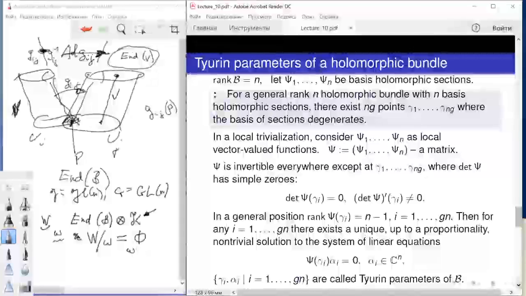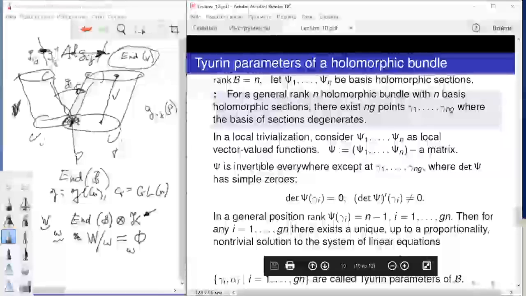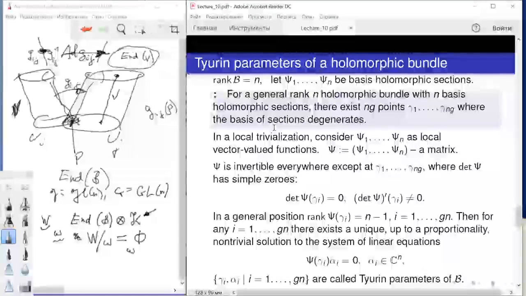To make a bridge between Higgs fields and Lax operators, I must introduce quite an interesting parameterization of holomorphic bundles, which is called Tyurin parameterization. These alphas and gammas just are Tyurin parameters and describe Higgs fields.